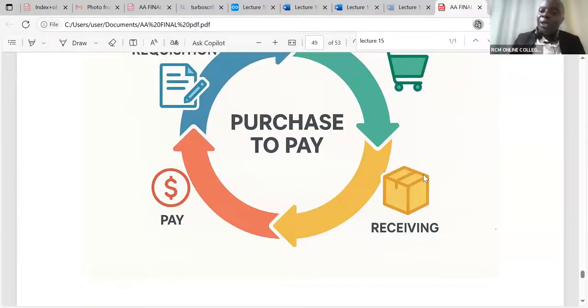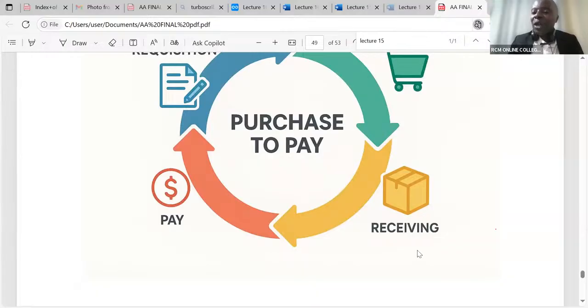So we shall get this goods received note showing the name of the item, the quantity ordered, then the quantity received. If there are any discrepancies, this person should make comments there. And then, at the end of the day, the person receiving must always sign.